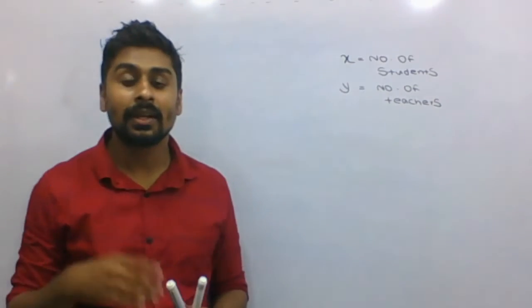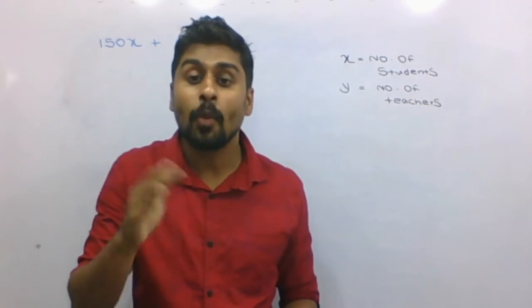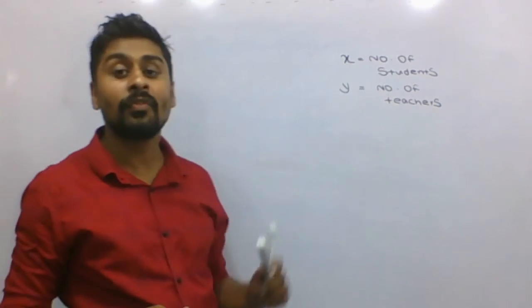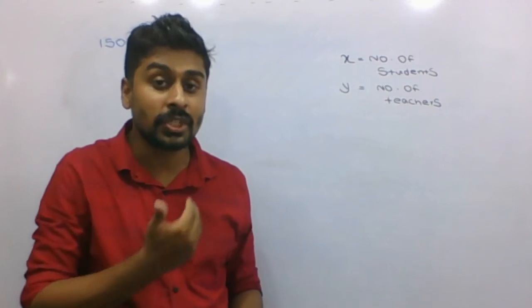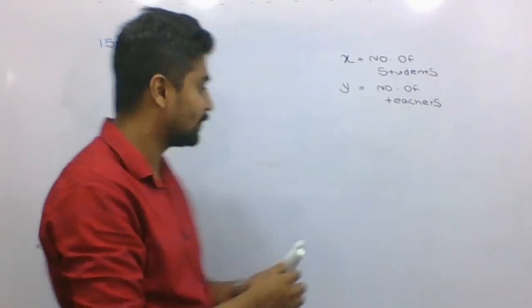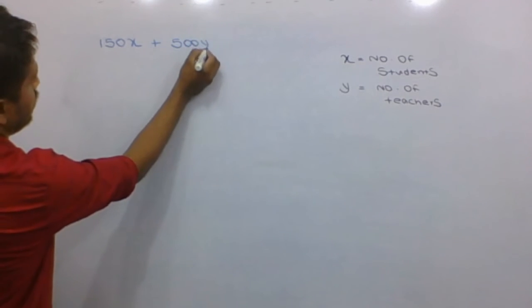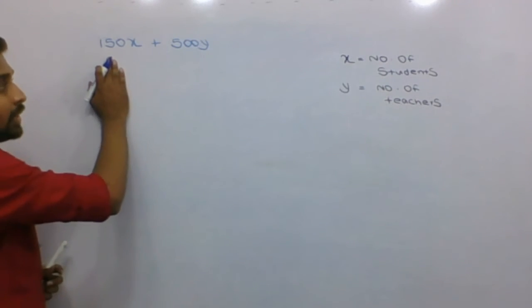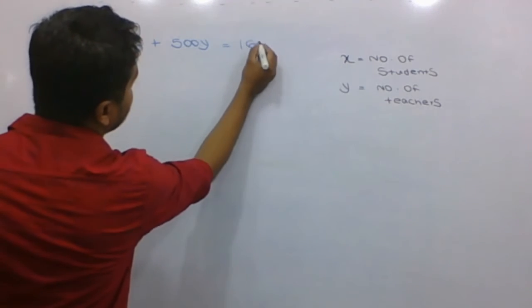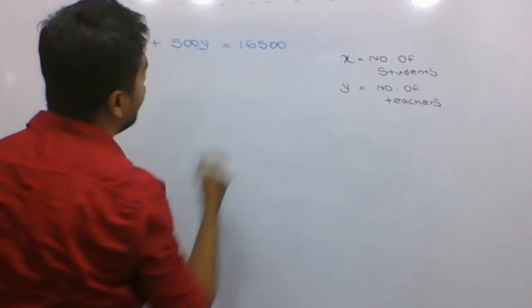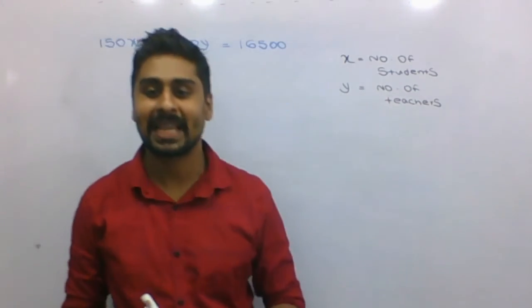One teacher contributes 500 rupees, and there are y teachers, so 500 into y. The students' amount plus the teachers' amount should be equal to 16500. We have built an equation using x and y.